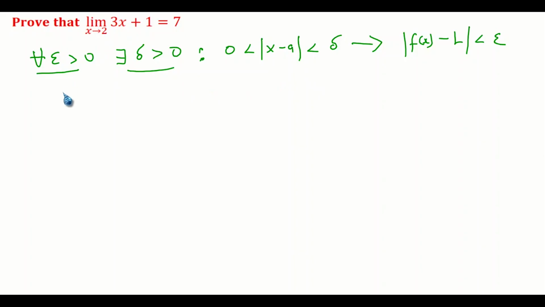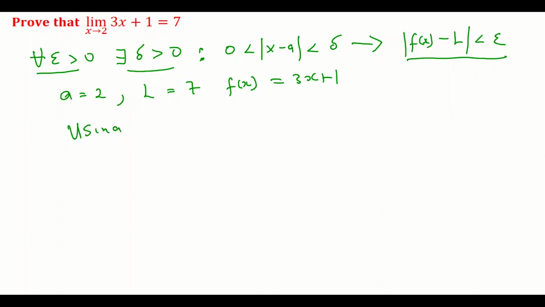Now, from the question, we know that the given point is a = 2, the limit L = 7, and f(x) = 3x + 1. So you always start from here, using the absolute value of f(x) minus L is less than epsilon.